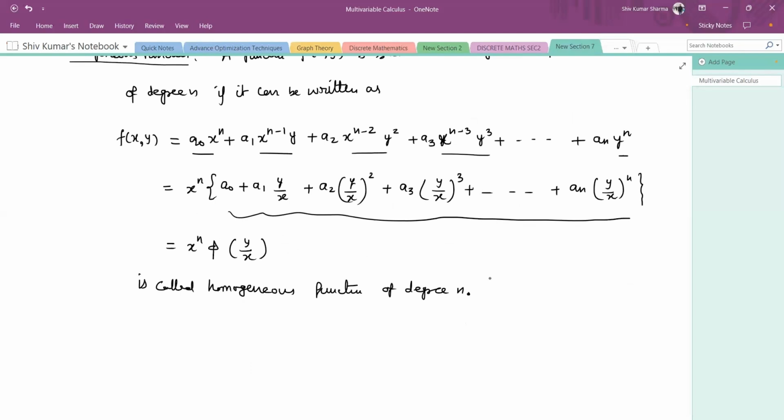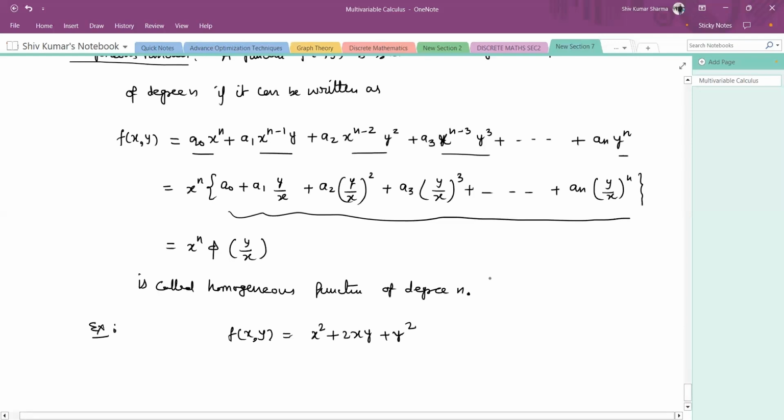So for example, the function of x, y given as x square plus 2xy plus y square. We calculate the degree of this homogeneous function.